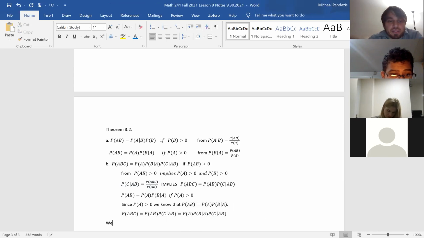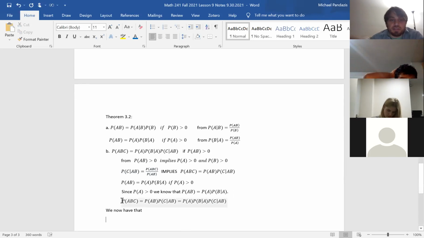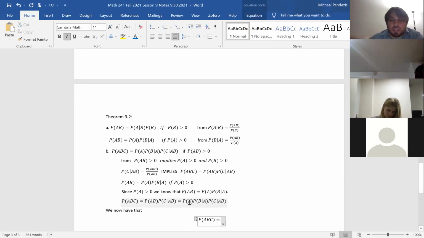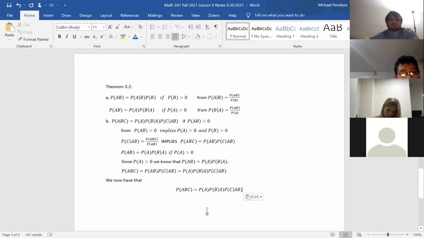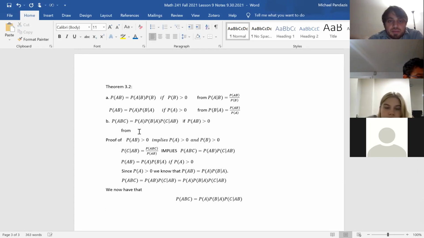We now have that the probability of ABC is equal to the probability of A times the probability of B given A times the probability of C given AB. And we're done. Assuming that the probability of AB is positive, we concluded this, and so we proved that. Okay, so this is the proof of B.